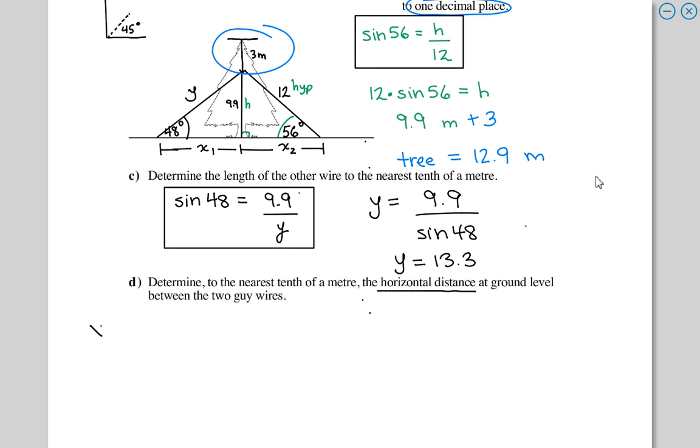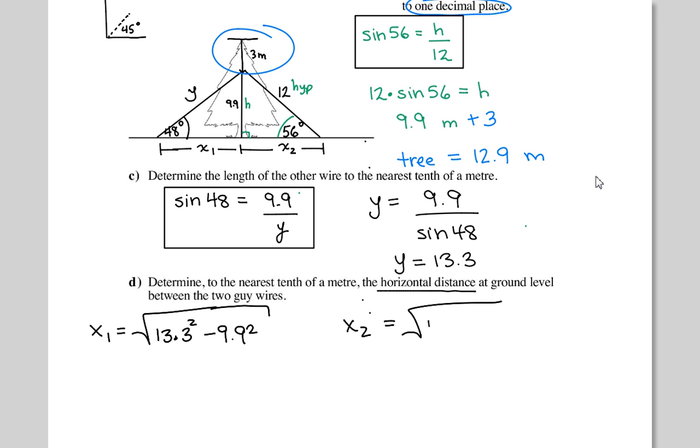So x1, I'll use short side Pythagoras. 13.3 squared minus 9.9 squared. x2, I will also use short side Pythagoras. 12 squared take away 9.9 squared.